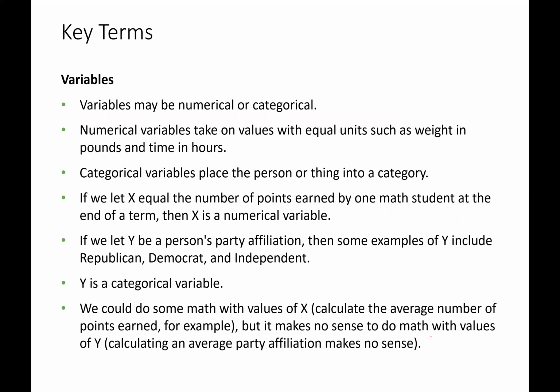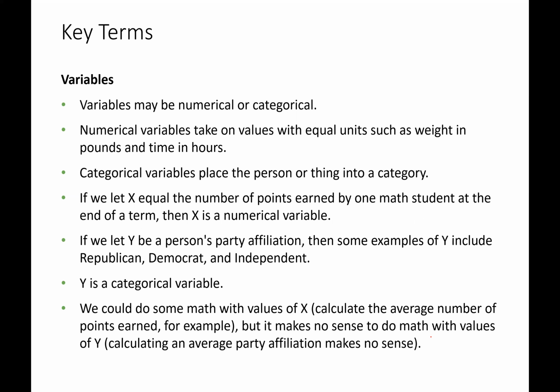So in our example, the capital letter X represents the number of points earned by one math student, and that number could take on several different values from 0 to 100 theoretically. And if we let Y be the variable representing someone's party affiliation, it's a variable, right? So it could take on various values. Some of the values it could take on would be Democrat, Republican, Independent.